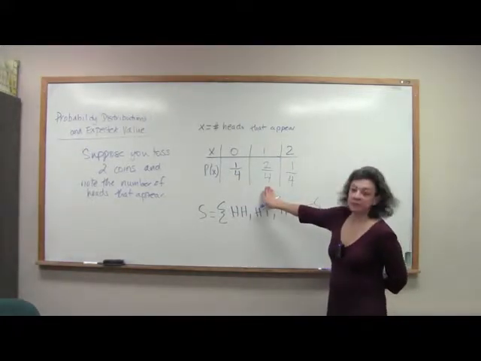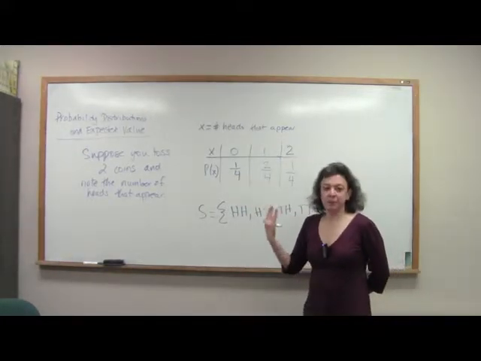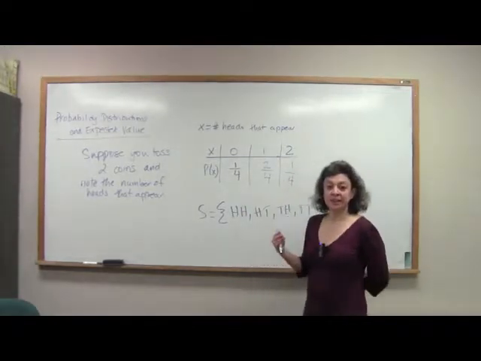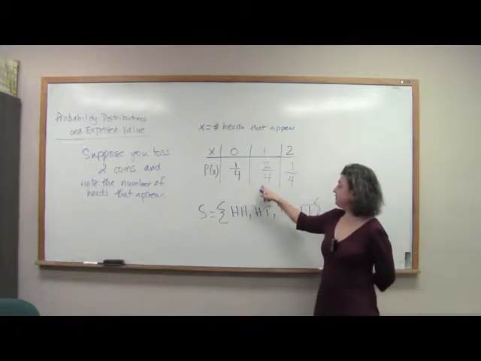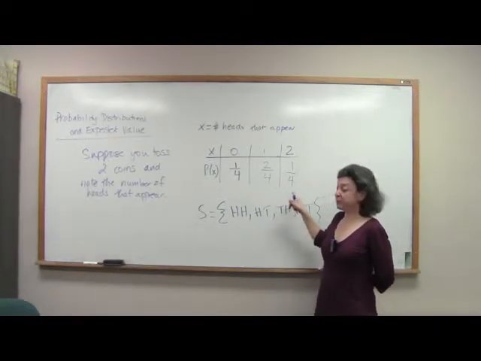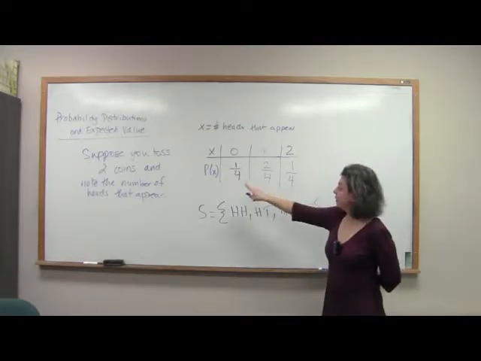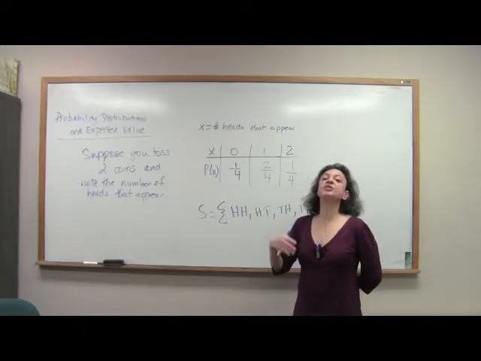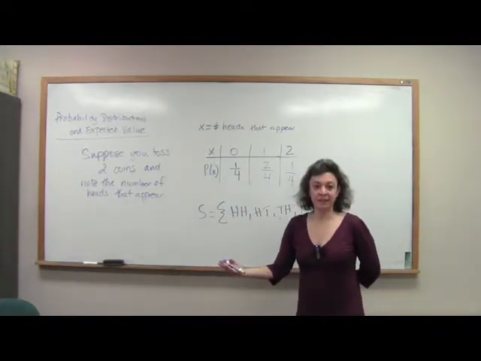Notice I didn't reduce my middle fraction. I would be very tempted to write that as 1/2. But one thing I'd like to point out is that if you add up the probabilities in your probability distribution table, you should get 1. If you have decimal approximations, you should get 1 within round-off error.